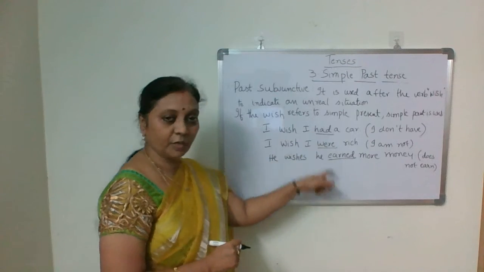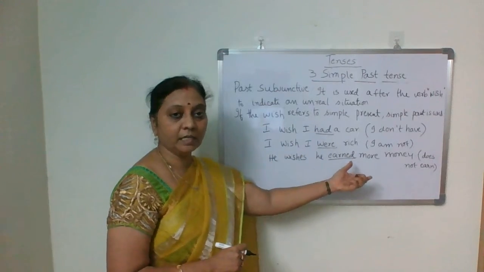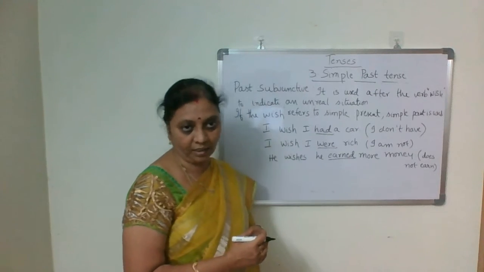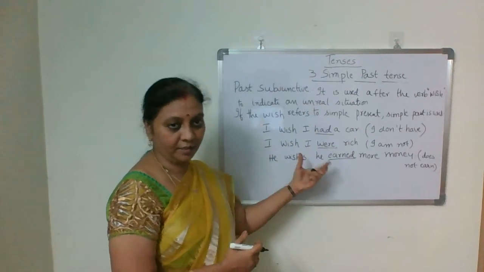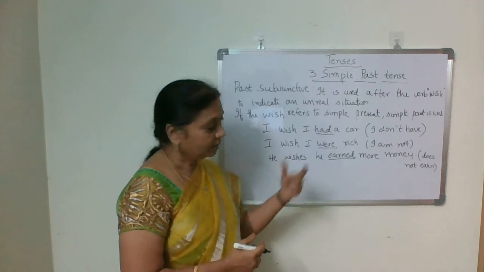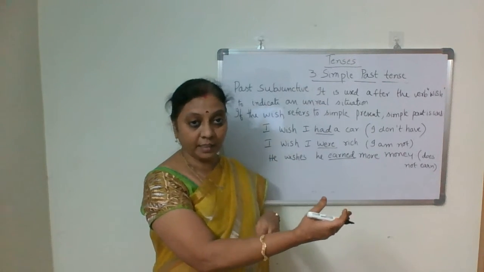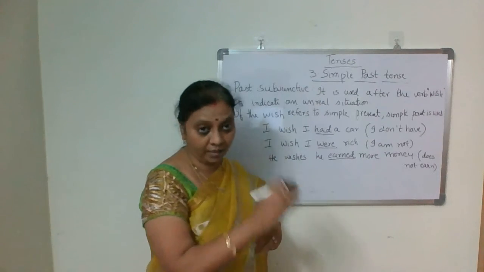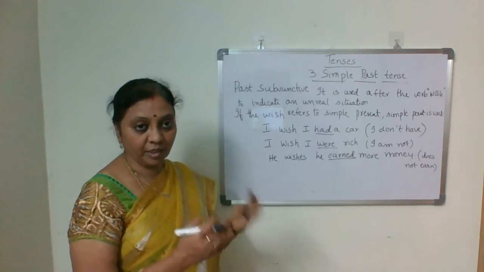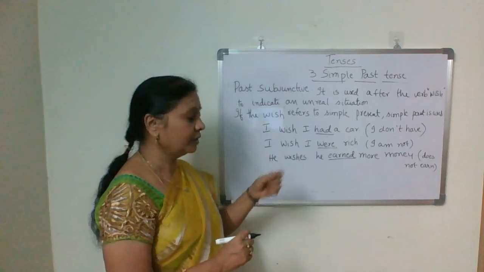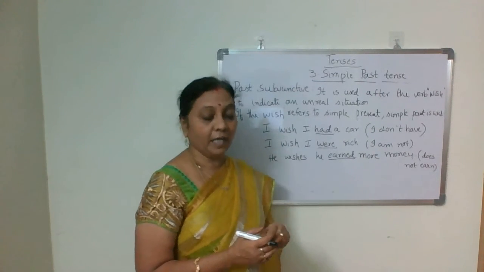All past words we are using, but it indicates that it is not happening. That is not real actually. It is talking about an unreal situation. Once again, I repeat, I wish I had a car means I don't have a car at present. It's only my wish. I wish I were rich, but I am not rich.